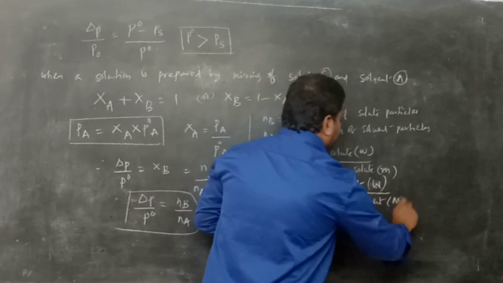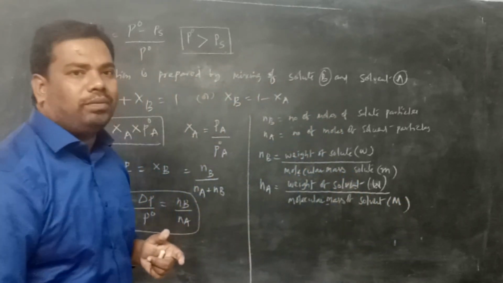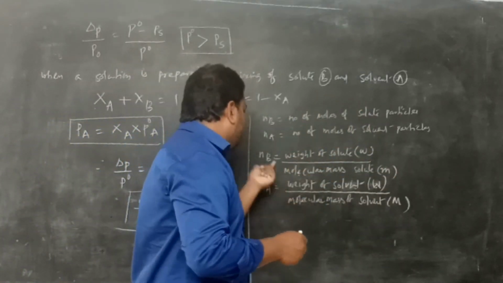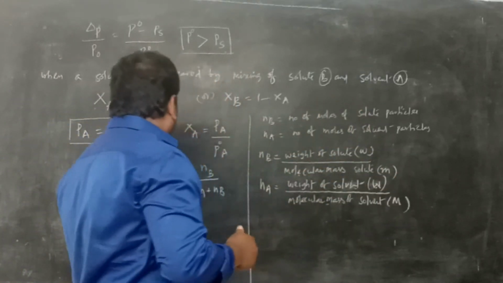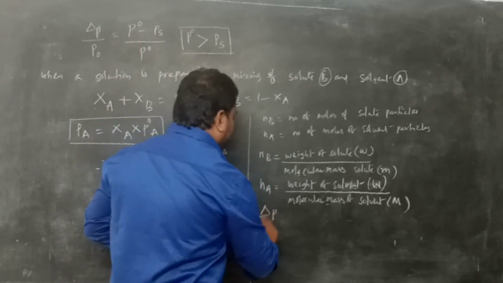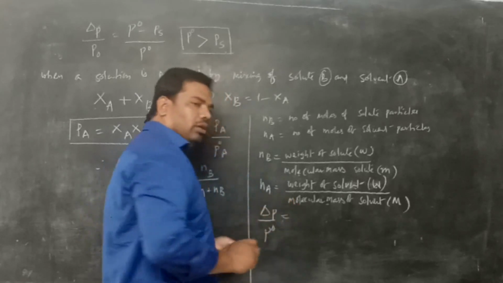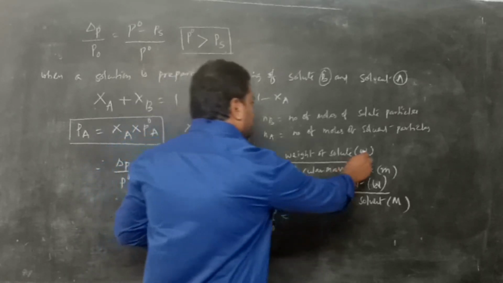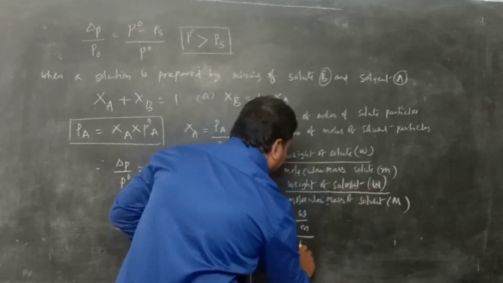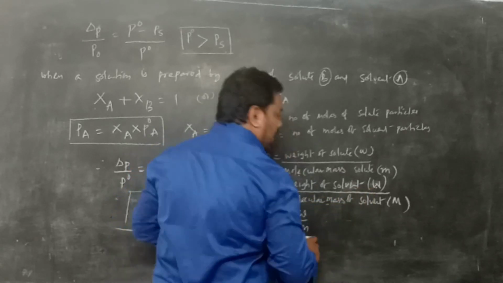Molecular mass of solvent or molecular weight of solvent, that is equal to capital M. So we will substitute NB and NA into this equation. So that is equal to delta P by P naught is equal to small w by small m divided by capital W by capital M.